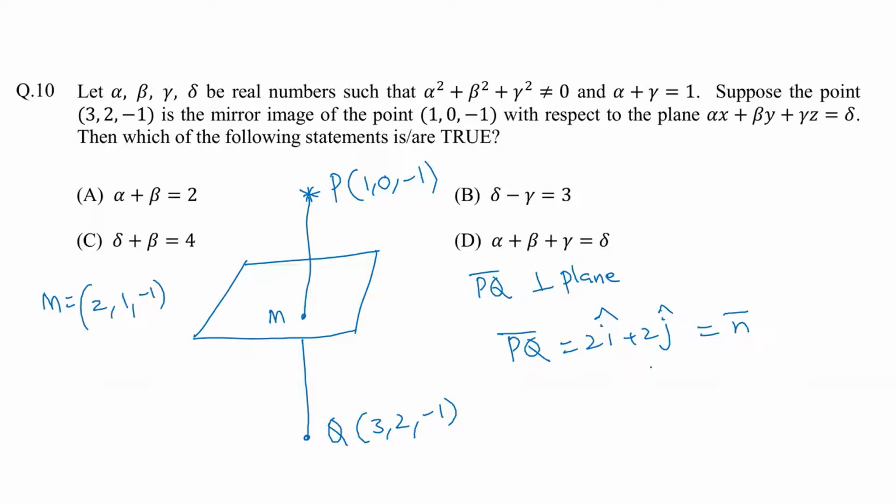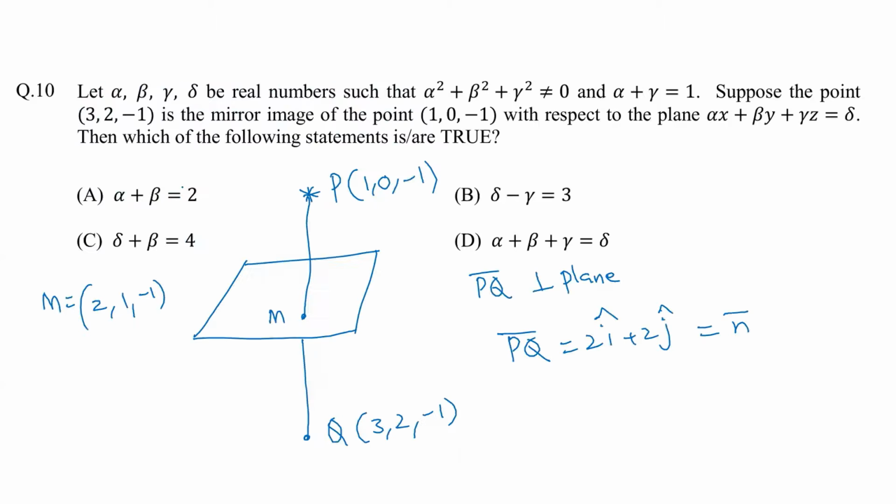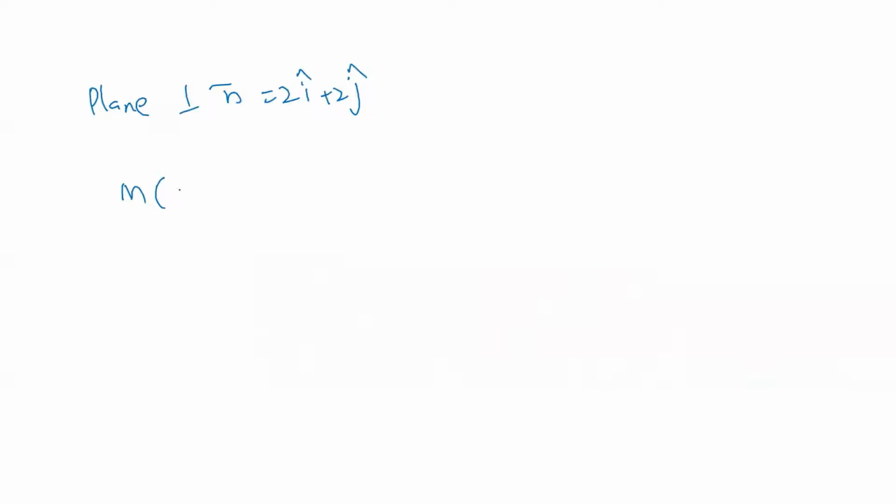So now we know if it is perpendicular to the plane, we can directly write the equation. So our plane is going to be perpendicular to n bar, which is going to be simply 2i cap plus 2j cap, and our plane is going to contain a point, and what was the point that we got? 2, 1, -1. So when we know the point and the normal vector, what is the equation of the plane?